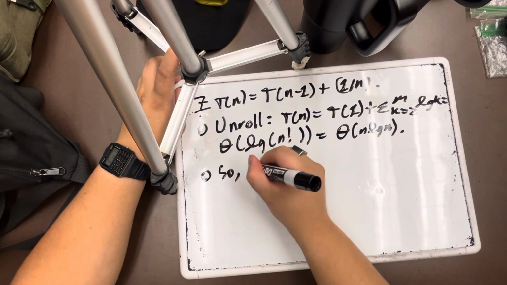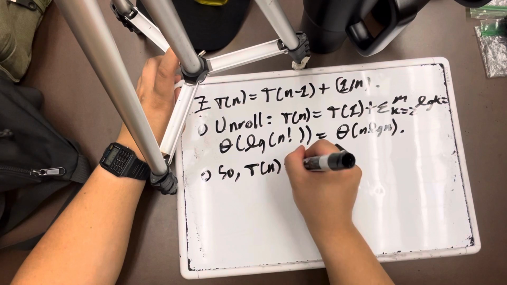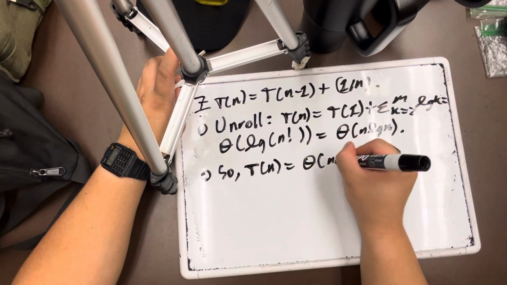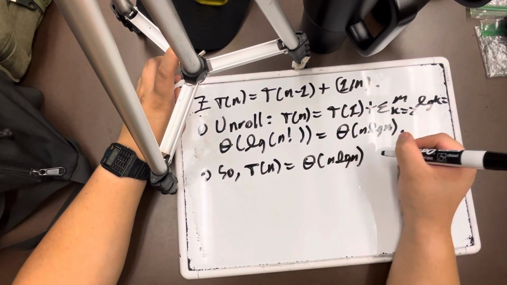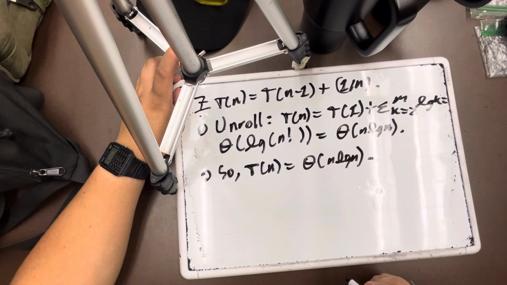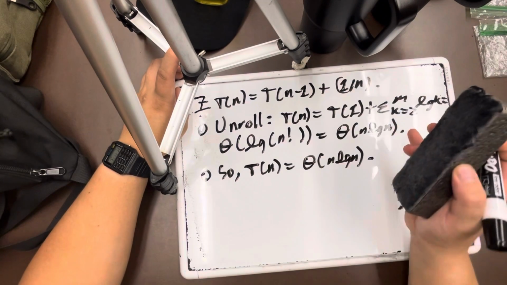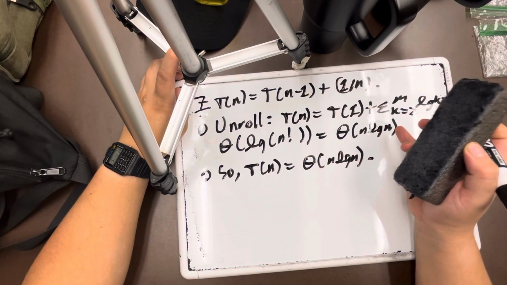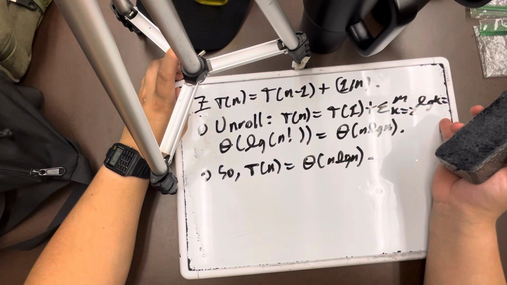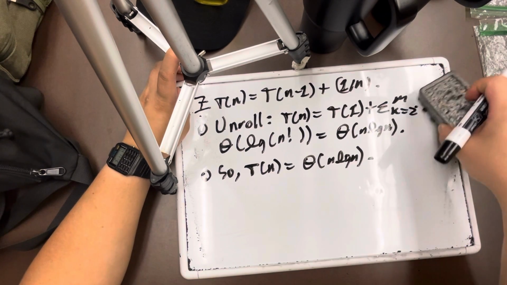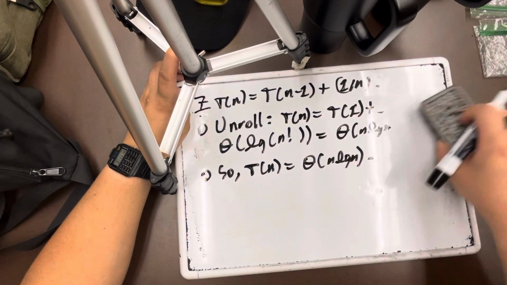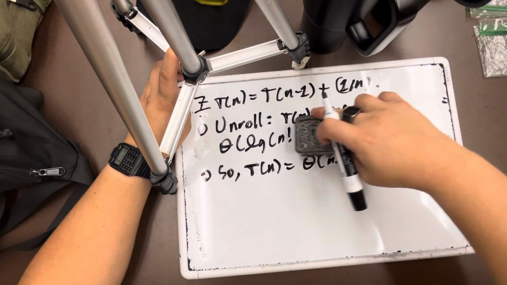So T of n is equal to theta of n log n. Okay? No, sorry. It's just log n. I think I messed up somewhere over here. Yeah, this is not right. I was thinking of the next part, but we're focusing on this part.